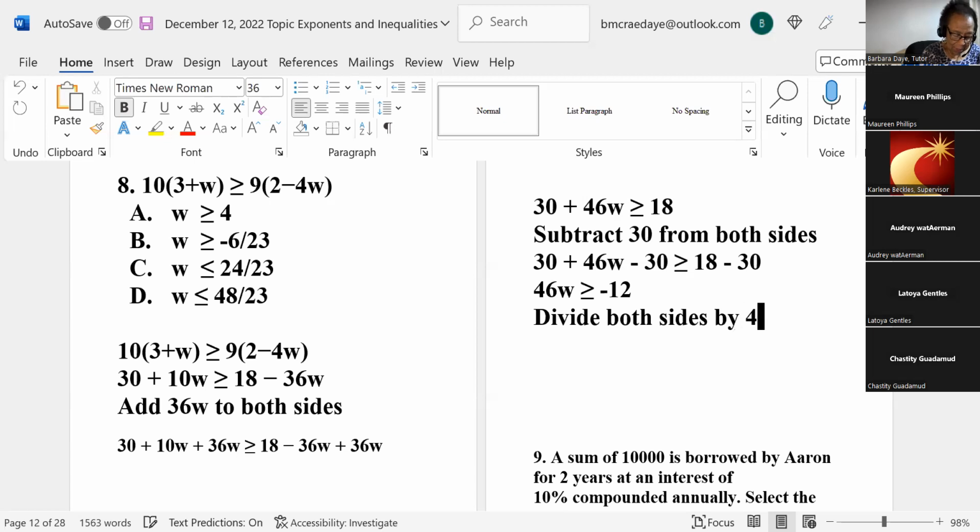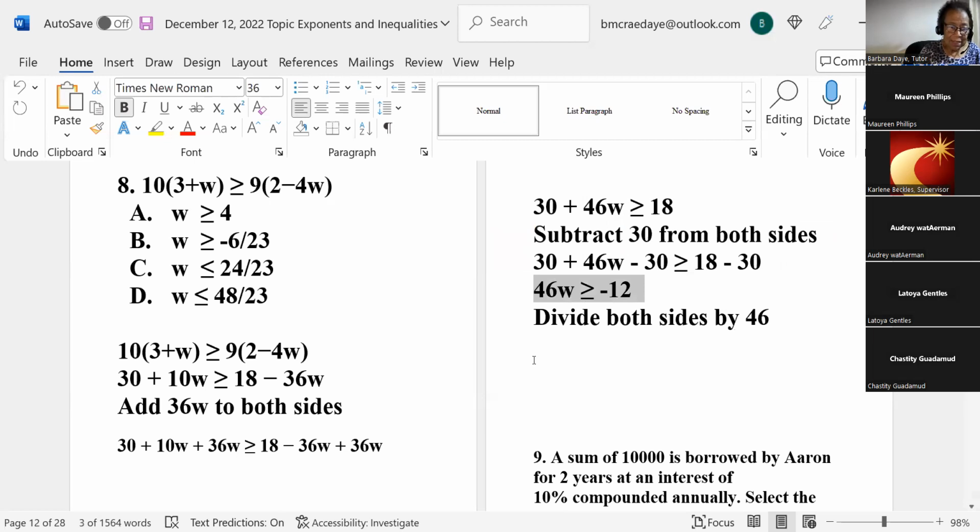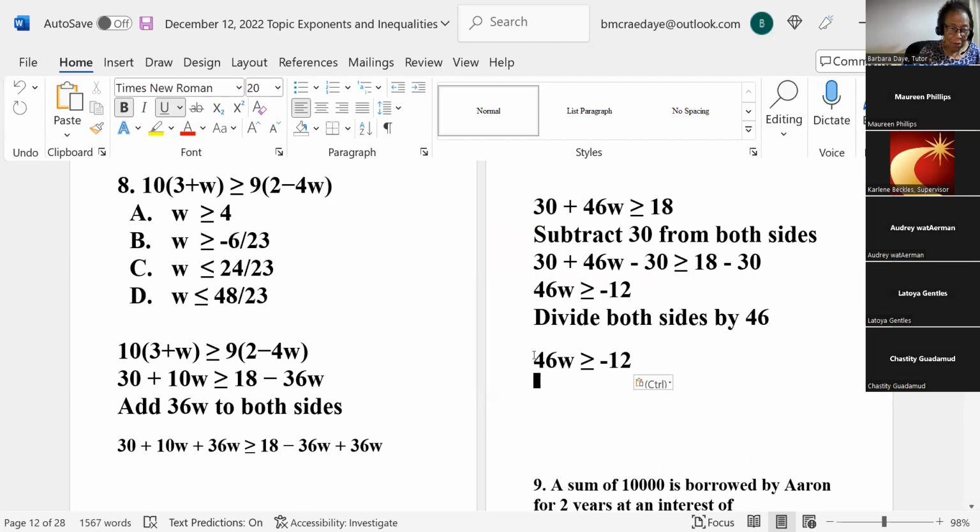Okay, so let's just take this inequality. Divide both sides by 46. On the left side, divide by 46. On the right side, we'll divide by 46.